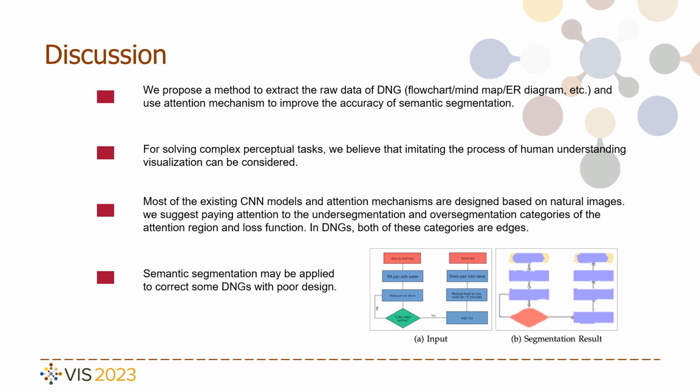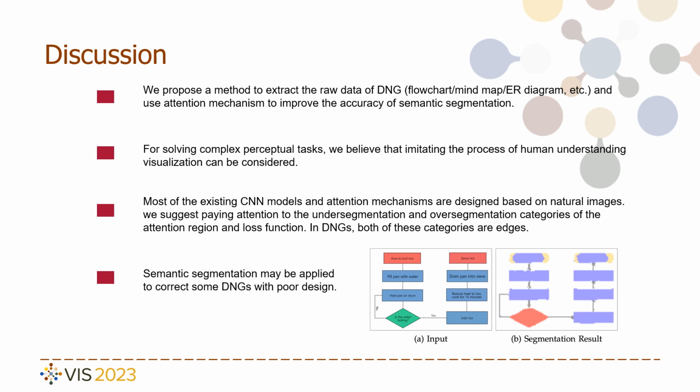Most of their segmentation targets are large targets, such as people, cars, trees, etc. The location and category of these targets are the most critical things. However, in visualization images, the shape and size of targets are also very important, and some models of medical image segmentation may be more suitable for this type of segmentation task.